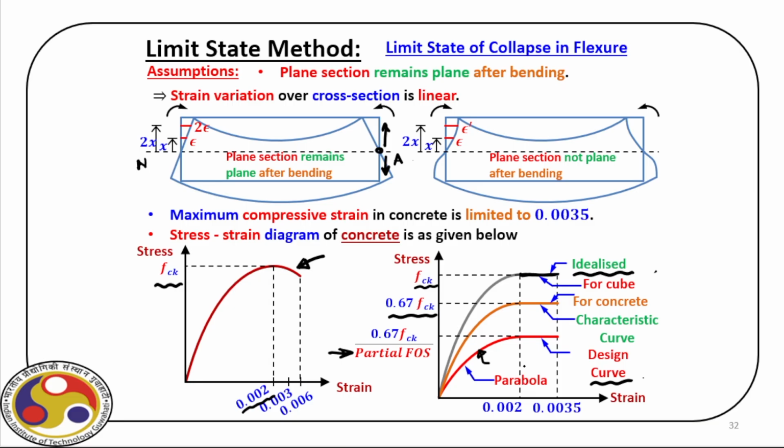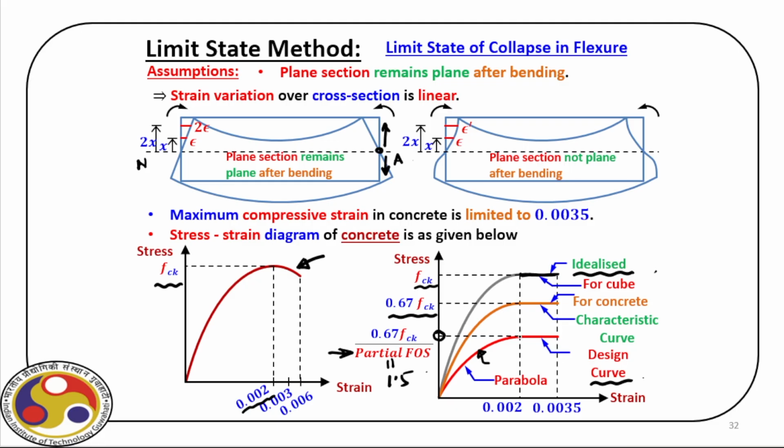Just recall this expression, and we will actually use this profile in our design as we progress in this lecture series. The point to be noted here is this value, which is 0.67 fck by the factor of safety. The factor of safety is 1.5, if you recall. So we have a combined factor, 0.67 by 1.5 times the fck value, as the limit.